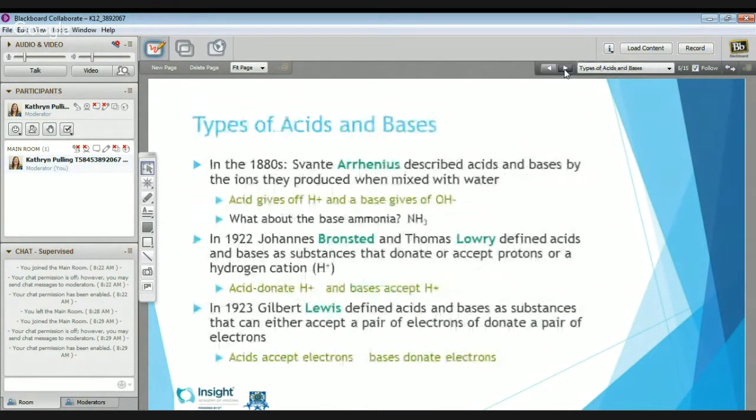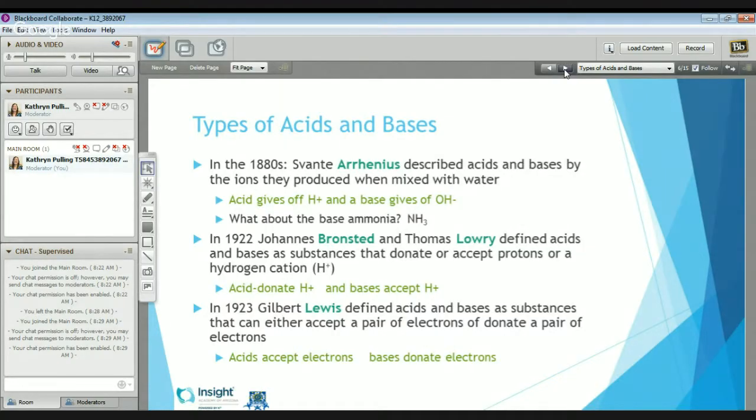Some types of acids and bases. The definitions of acids and bases have been changing over the years. The first person to put a definition down was Svante Arrhenius in the 1880s. And this is honestly where most classes start out.